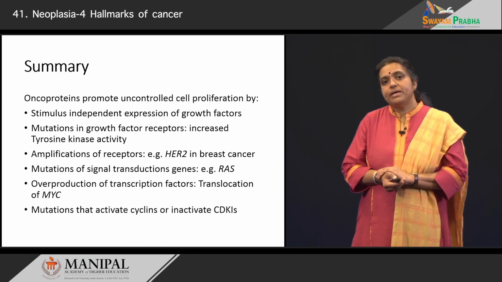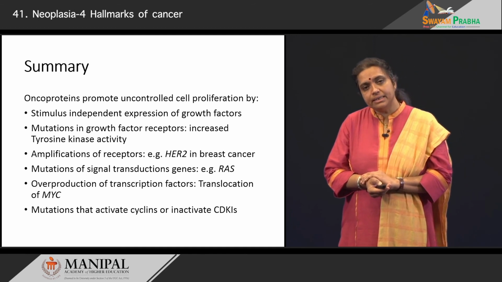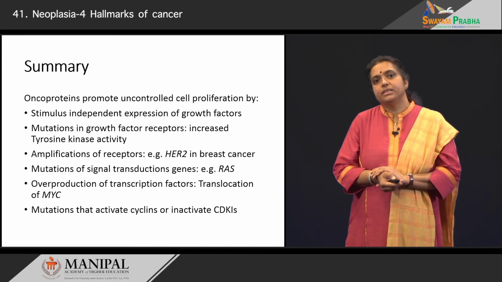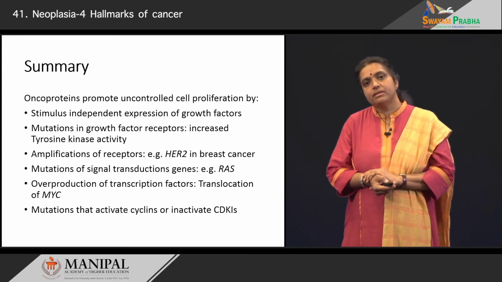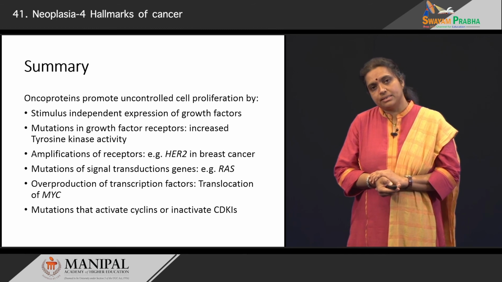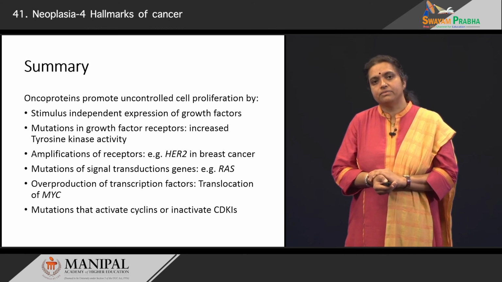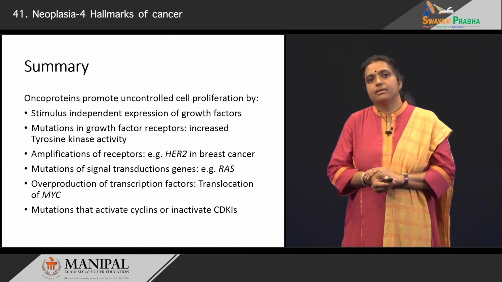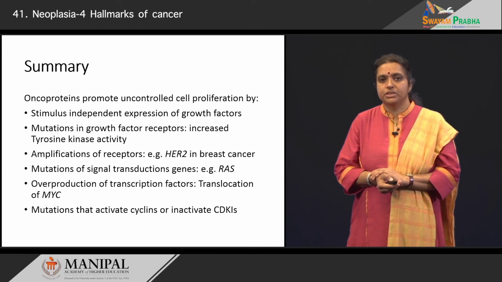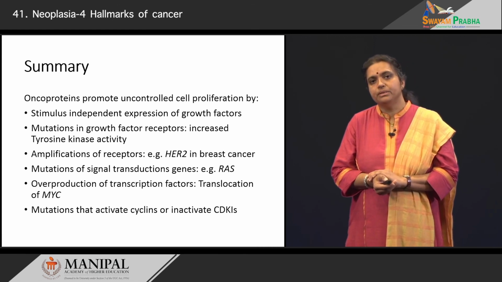Finally, we may have mutations that activate cyclins, which drive the cell into increased proliferation, or mutations that inactivate the cyclin dependent kinase inhibitors. Both of these actions will cause increased cellular proliferation. So, all these changes can ultimately lead to the transformation of a benign cell into a malignant one.